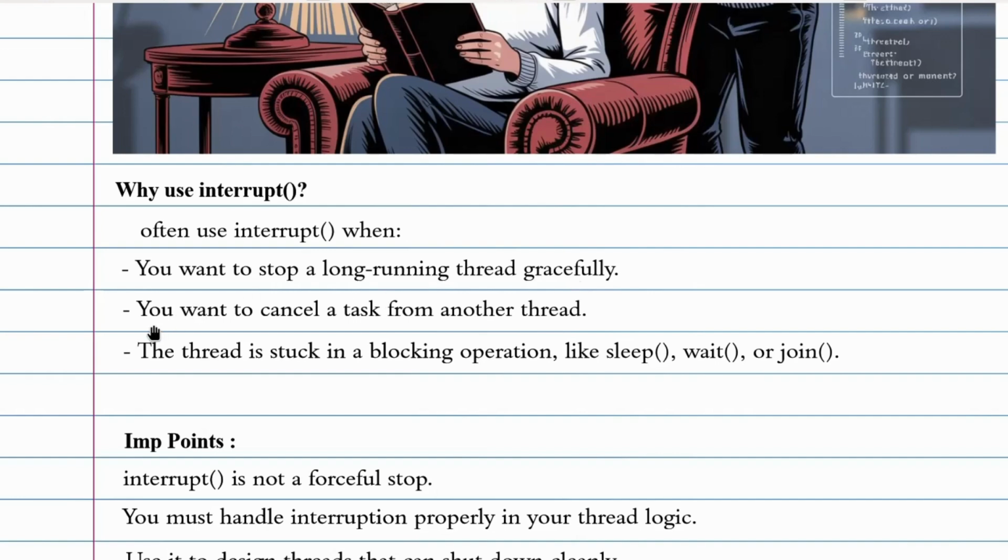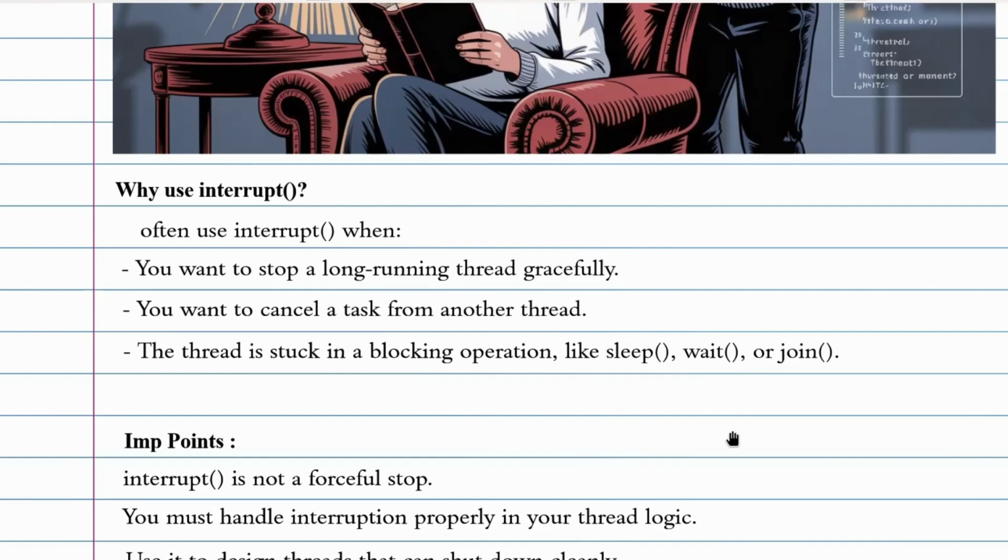It is also used when you want to cancel a task from another thread, or when the thread is stuck in blocking operations like sleep, wait, or join. I have discussed these three methods as well, so you can go and watch.